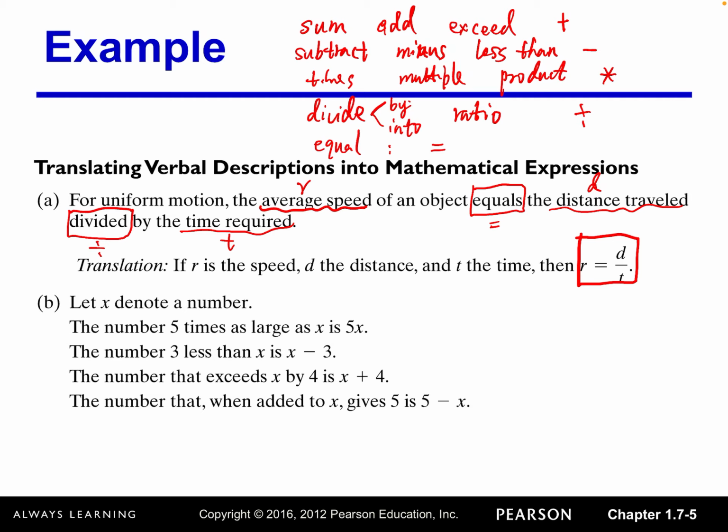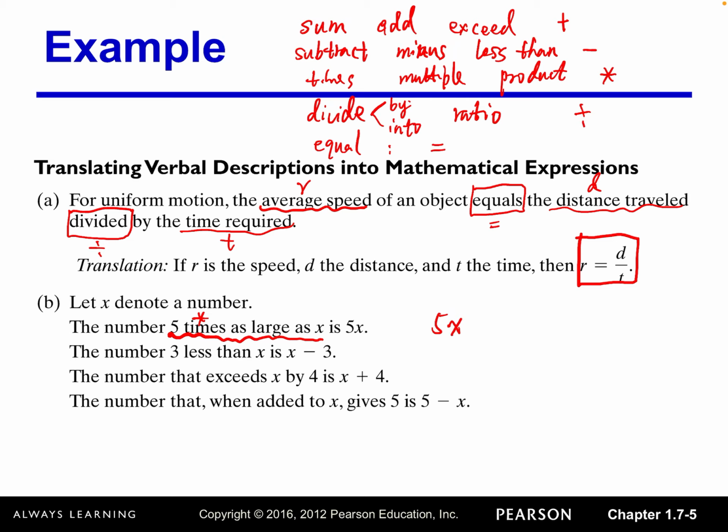Let's look at another example. Let X denote a number. The number 5 times as large as X: the keyword times indicates multiplication, so it's 5 multiplied by X, which we write as 5X.